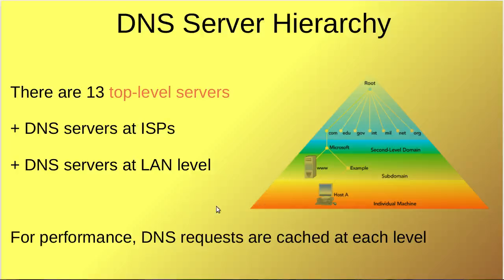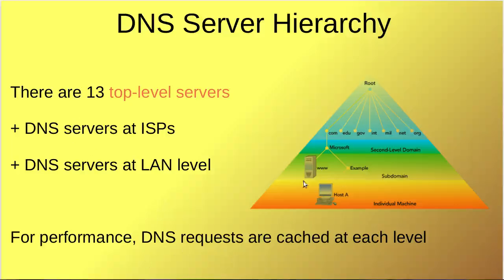Most of the time you don't have to bother with even doing anything with DNS yourself. It's all the software that takes care of contacting things like DNS servers at various levels. So for performance, DNS requests are cached at each level.